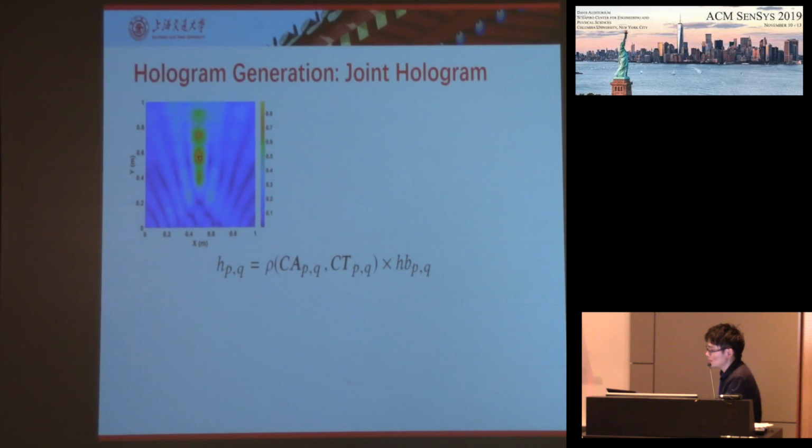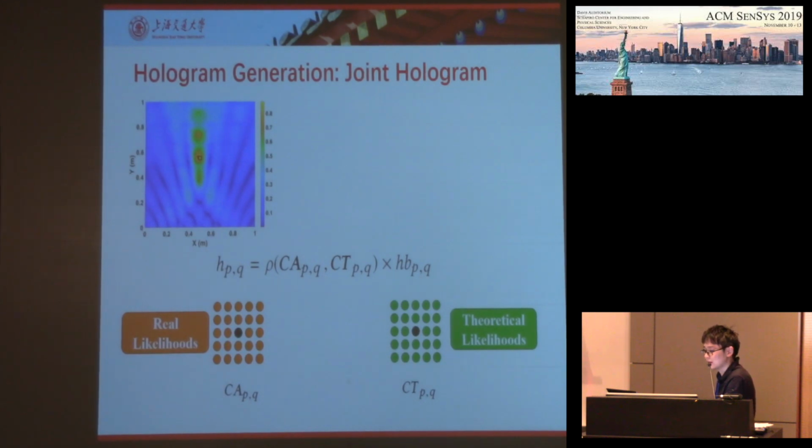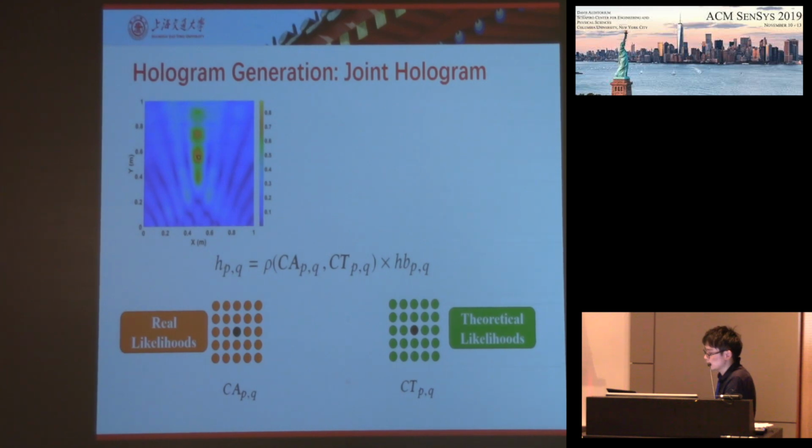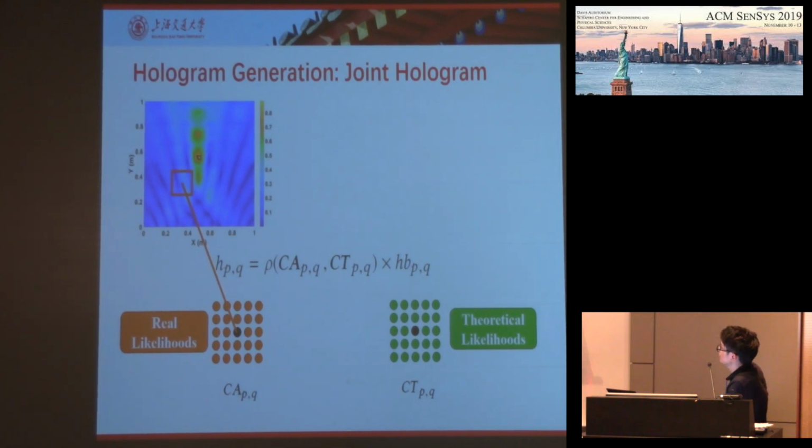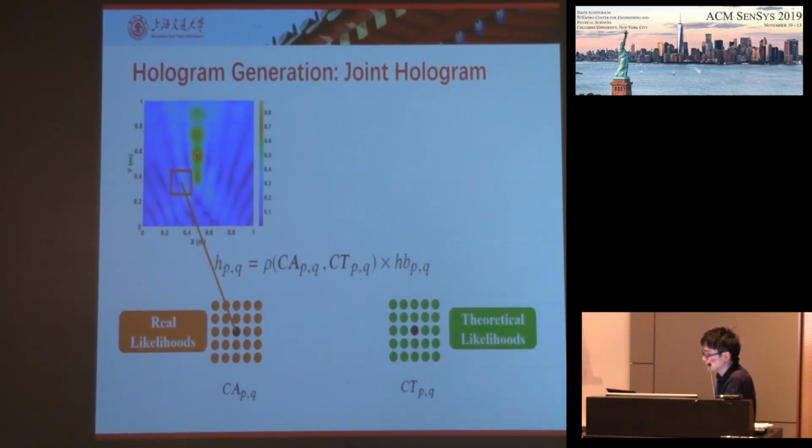Here is the definition of the likelihood function in the joint holograms. The left element is a real likelihood function calculated from the measured phases, which contains the likelihood of the supposed position and its nearby positions. It also corresponds to a subset of an original hologram. And for each supposed position, we can also get a theoretical likelihood for its nearby positions easily.